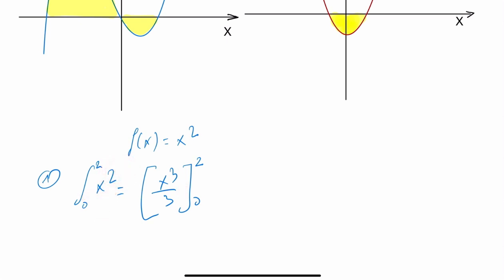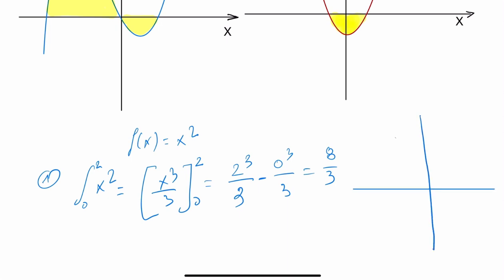So this is equal to 2 to the power of 3 divided by 3 minus 0 to the power of 3 divided by 3, which gives us 8 over 3. So the area above the x-axis for the function f(x) equal to x squared between 0 and 2 is 8 over 3.